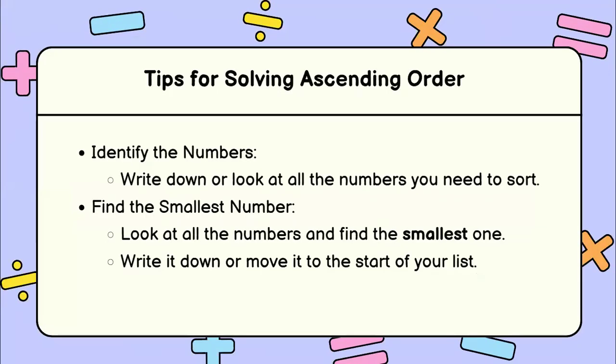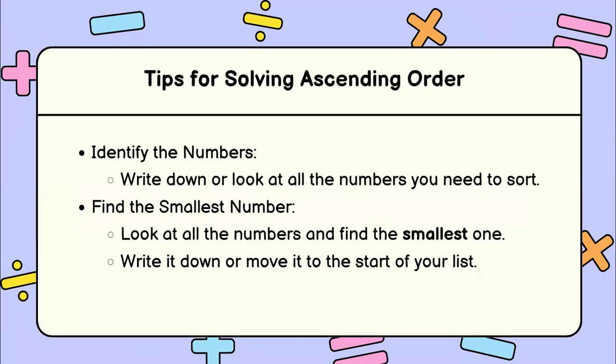So, here are some tips for solving ascending order and writing them. Identify the numbers. You should always identify what you're going to sort or what you're going to write down, because then only we can find the smallest number, the second smallest number, the biggest number, right?